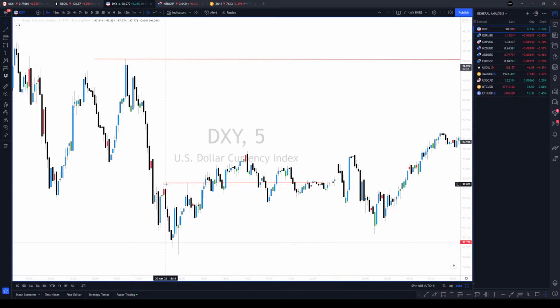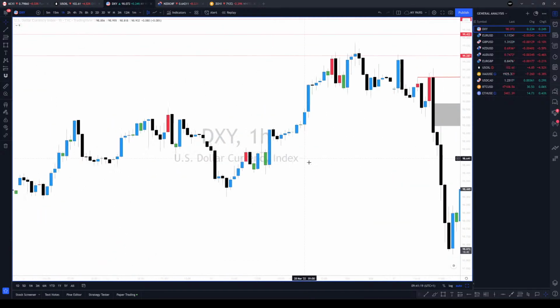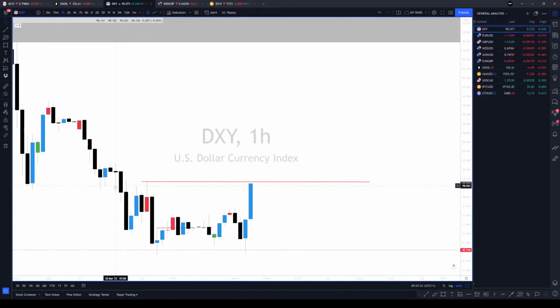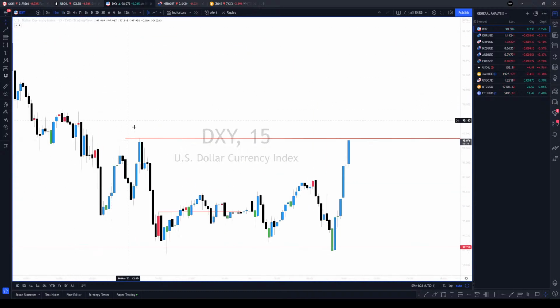So the 5 minutes broke market structure. If 5 minutes breaks market structure, it's going to trade within the 15 and the 1 hour and find an imbalance. So on the 1 hour, this is the imbalance that I saw in here. And if you drop down to the 15, you'll see that we had another imbalance in here.